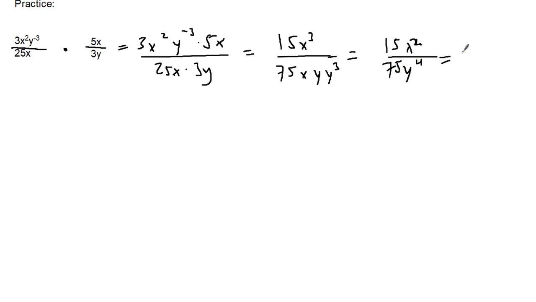And 15 over 75 is 1 over 5. So the answer is x squared over 5y to the 4th power. Okay, x squared over 5y to the 4th power.